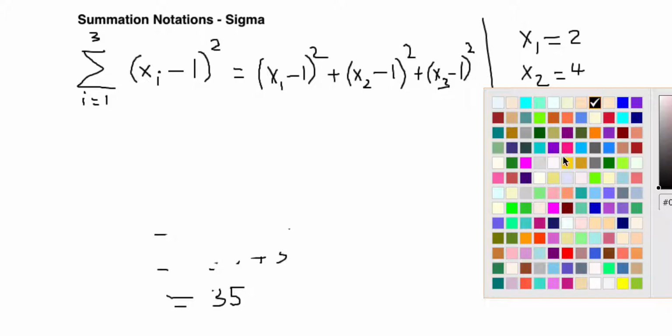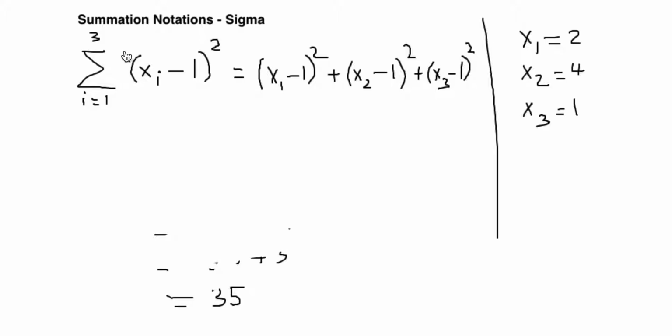If we were using a blue color here, this part right here is the one that is being added from 1 to 3. But within that term, each term for i is 1, i is 2, i is 3, that's the only thing that is indexed as i. So this is not 1 times xi, so it doesn't have the index, so it remains constant.